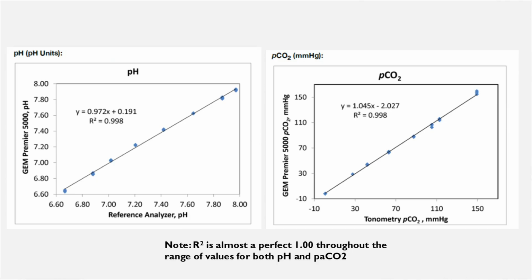This is showing the R squared, comparing the Chem analyzer, which we have, to the reference analyzer, which is almost perfect at 0.998 for both the pH and PCO2. So that's showing that the Chem analyzer is very accurate in measuring both the pH and PCO2.